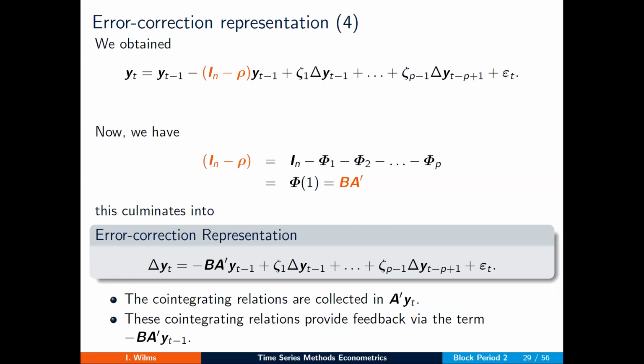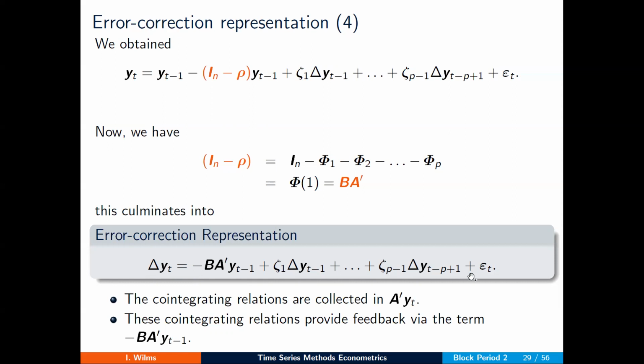Let us also take a pause over here and inspect this equation. First, suppose I would not have this first term over here. Then we would recognize the model equation of a VAR of order p minus 1 for the series in differences, since we regress the series in differences just on its lagged values.